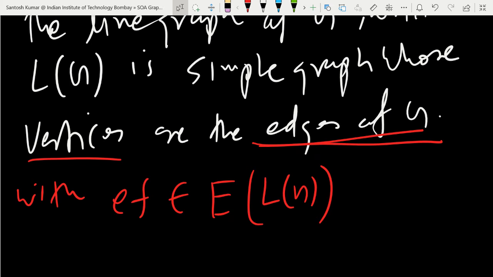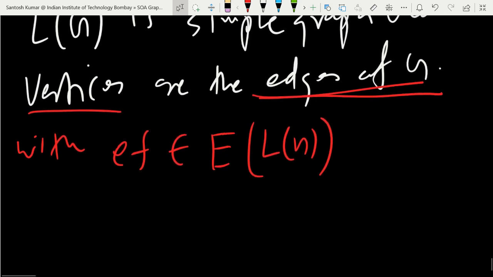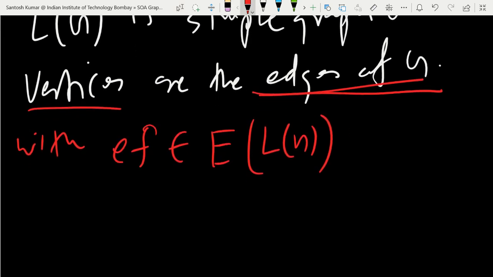E is one vertex and F is the other vertex in the line graph. So E and F are edges in G.